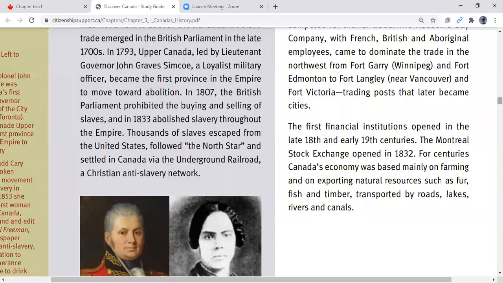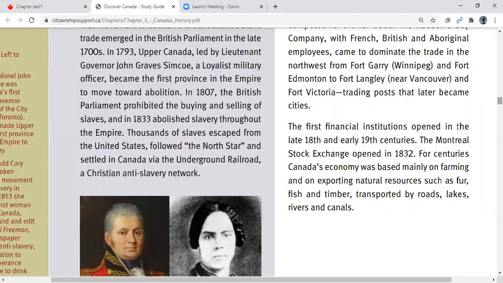Yeah, opened in 1832 for countries. Canada's economy was based mainly on farming and on exporting. Good. Okay.